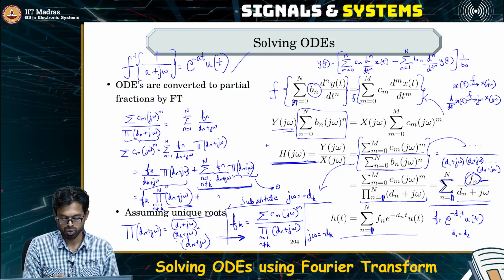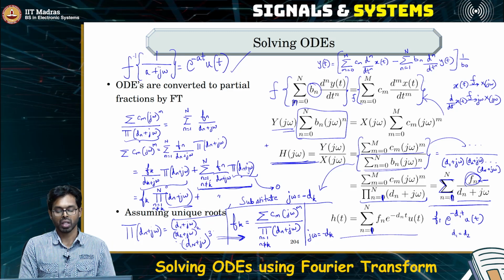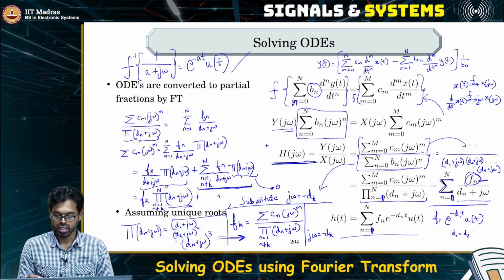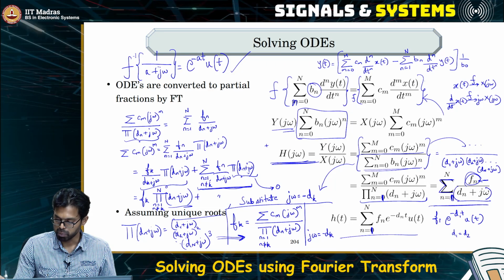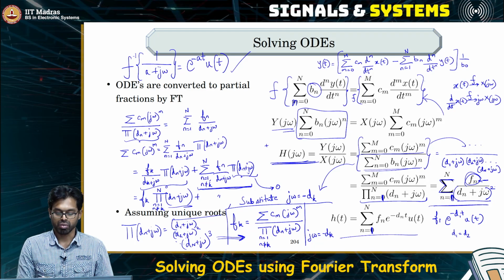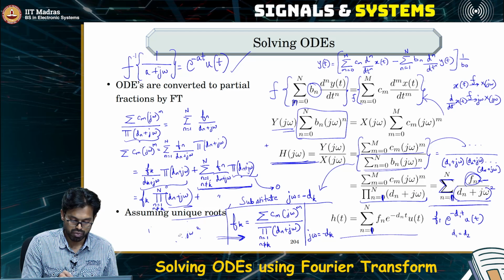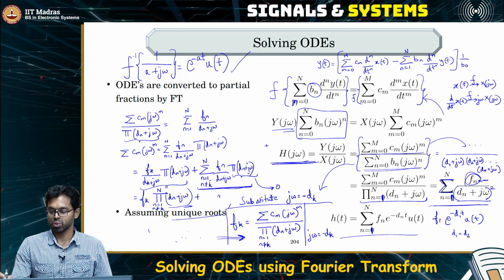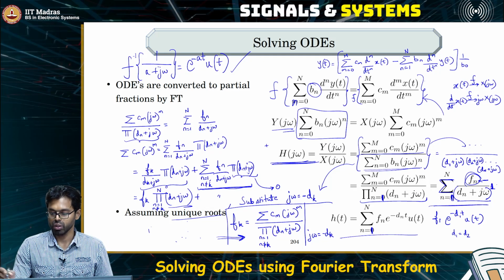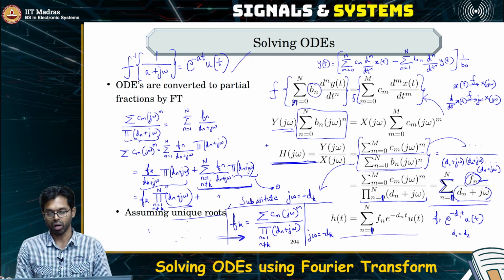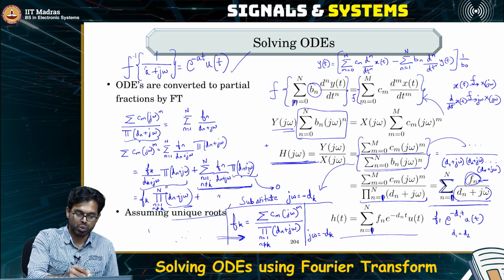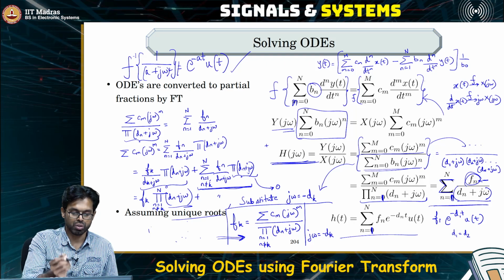Or if a particular root was repeated 3 times, then you have a cube. When you write that as partial fractions, that power also gets transferred into the fraction. So, if we do not assume unique roots, then you do not have unit power, you will have square or cube and so on. Then the inverse Fourier transform here will change accordingly. So, this is not true.